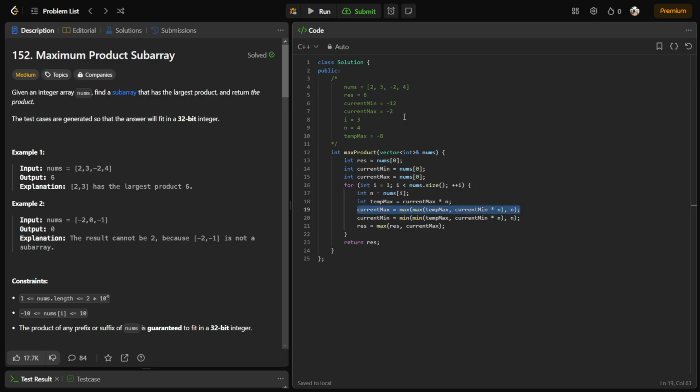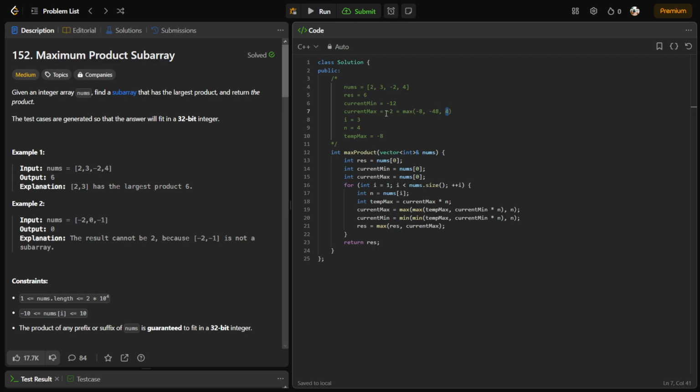Here I recalculate current max, the maximum of temp max, current minimum times n, and n itself. You can see here, if this were to be negative 4, 48 would be our maximum number, and result would be updated to current max, which is 48. But since this was a 4, this will actually give us negative 48 instead.